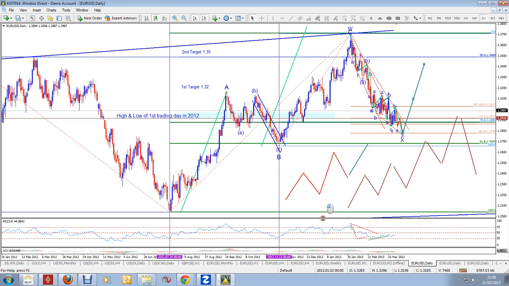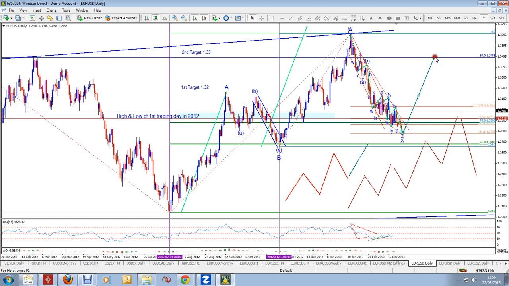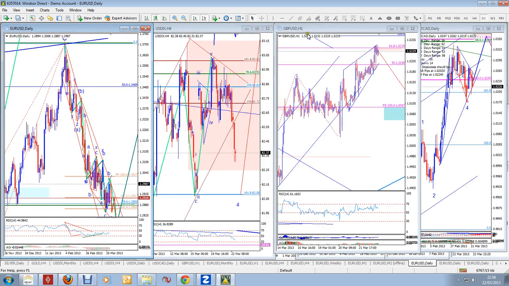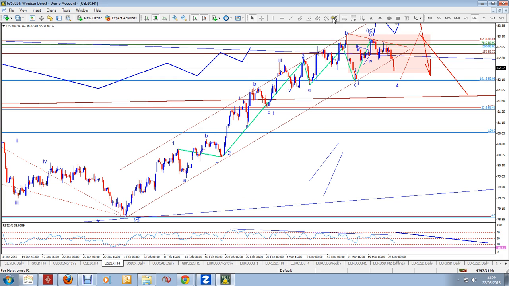Okay, so next week it is possible that early part of the week we could have a situation where the dollar would gain, and in which case on the dollar index we may get another leg up. Maybe all of this is a sideways correction, we should get another leg up.